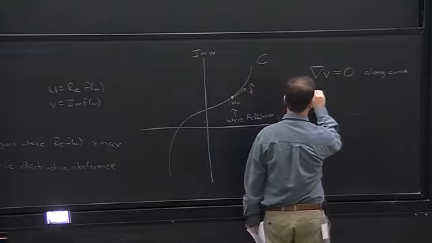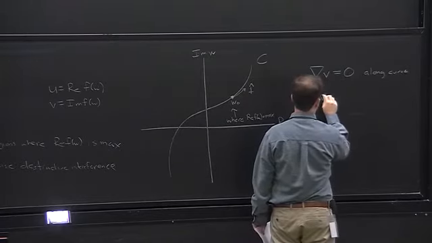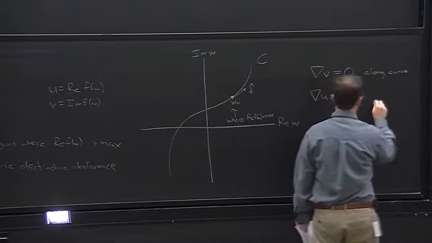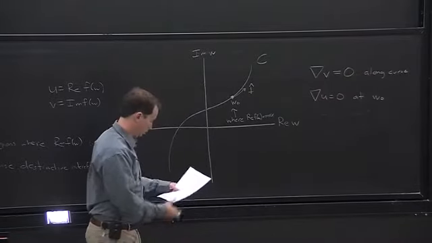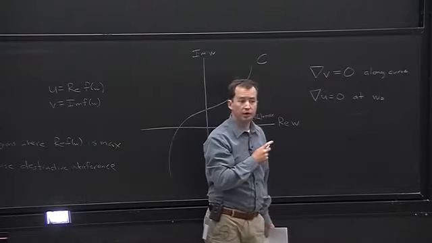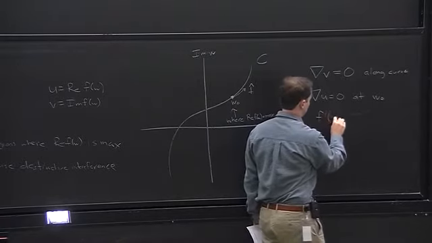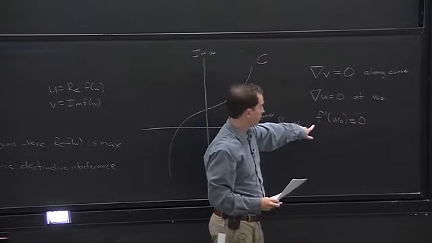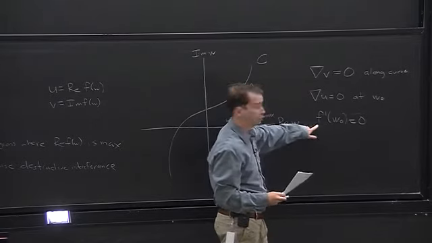We also know that at w naught, the gradient of u is 0. So together, these two facts tell us that w naught is a critical point of f.